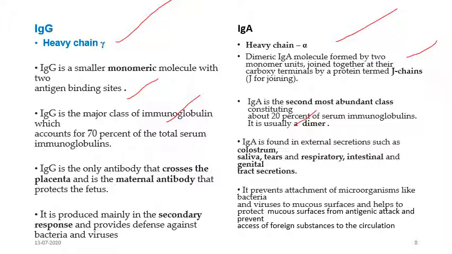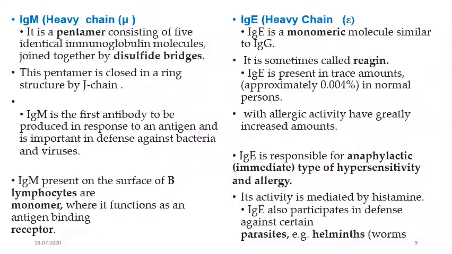So, the function of IgG: it is produced mainly in the secondary response and provides defense against bacteria and viruses, and also gives immunity to the fetus. IgA prevents attachment of microorganisms like bacteria and viruses to the mucous surfaces, helps to protect mucous membranes from antigenic attack, and prevents aggressive foreign substances from entering the circulation.